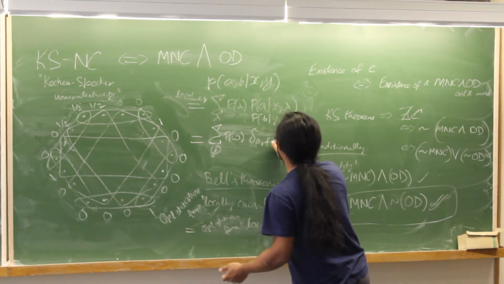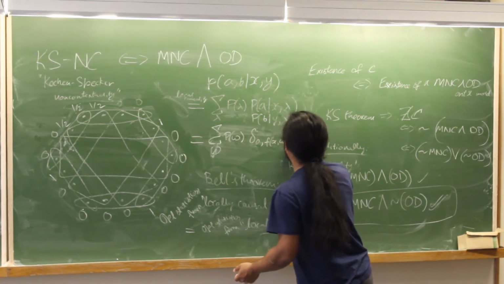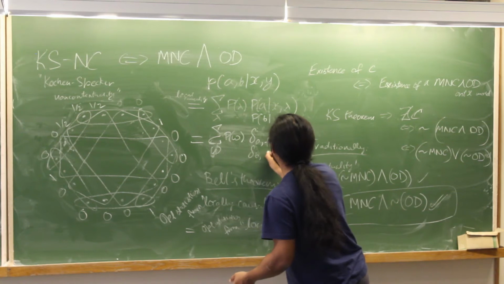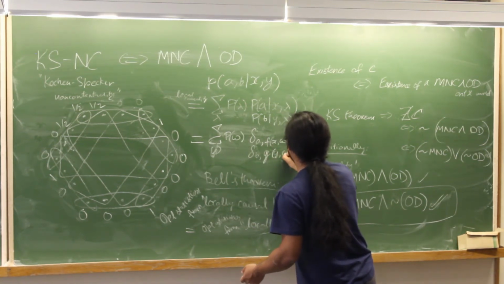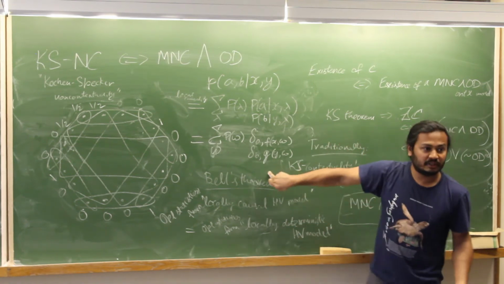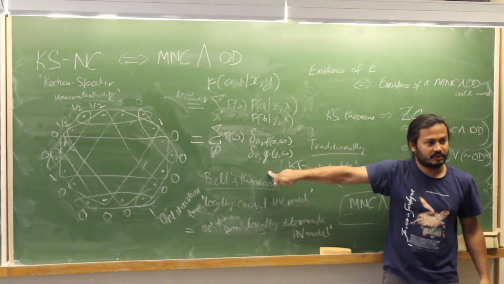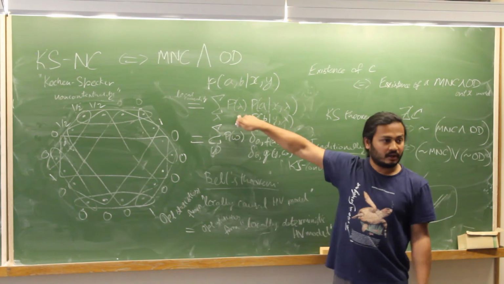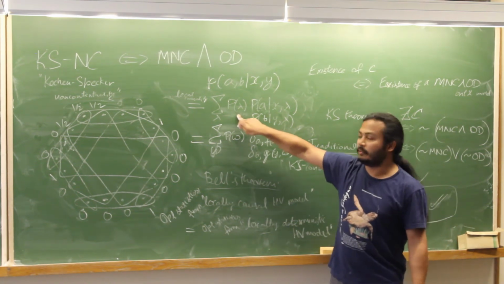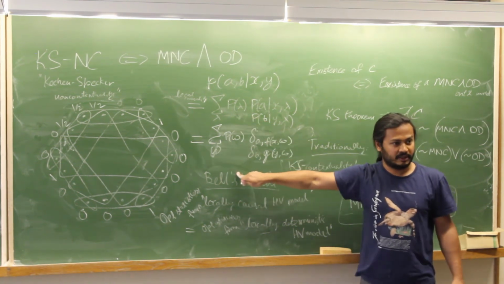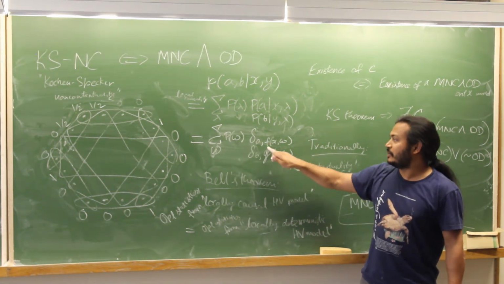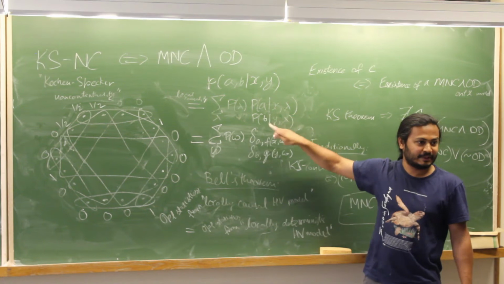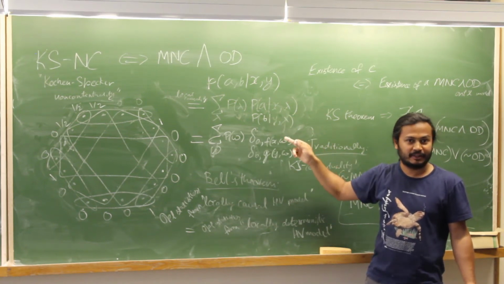So x and omega fix this thing, a, and maybe there's some other map here for y and omega, giving b. So this one is a locally deterministic ontological model. This one is a locally causal ontological model, and I just showed you how to go from a locally causal model to a locally deterministic one. And similarly, you can go the other way, because a locally deterministic model is by definition locally causal, because it satisfies the factorizability condition.